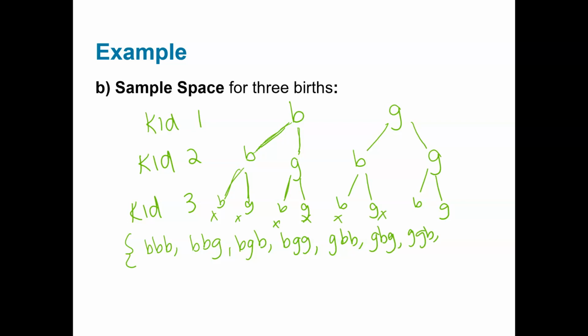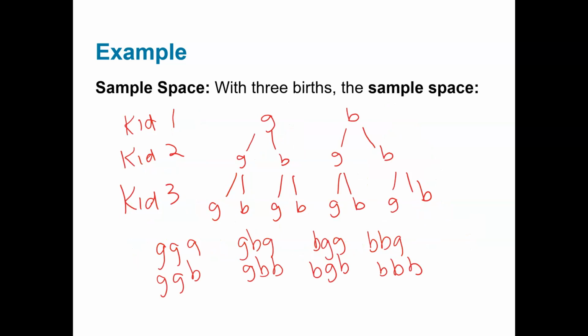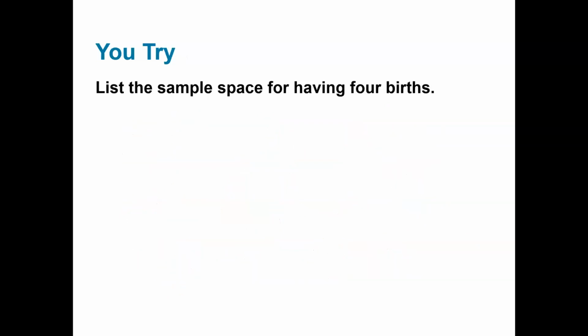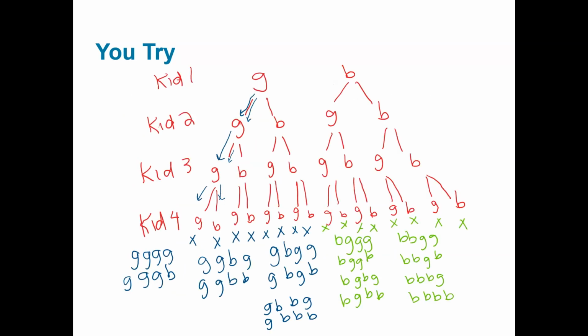Girl, girl, boy. And then girl, girl, girl. And that is the sample space. 1, 2, 3, 4, 5, 6, 7, 8 outcomes. There it is again. And you give it a try here, listing the sample space for having 4 births. Here is my tree diagram, and this here is the sample space, all of those different outcomes.